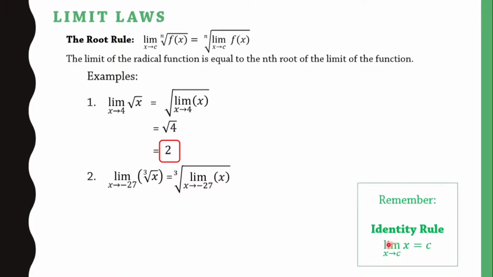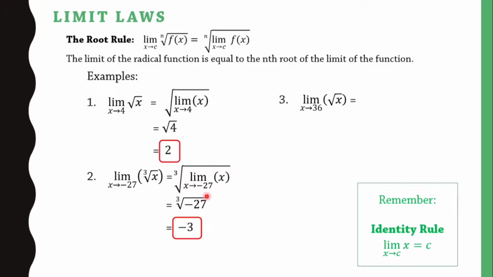Again, using the identity rule, the answer for the expression inside this cube root is this number here, or that's negative 27. So that will simply be cube root of negative 27. So the cube root of negative 27, using your calculator there if you have one, the answer is negative 3.